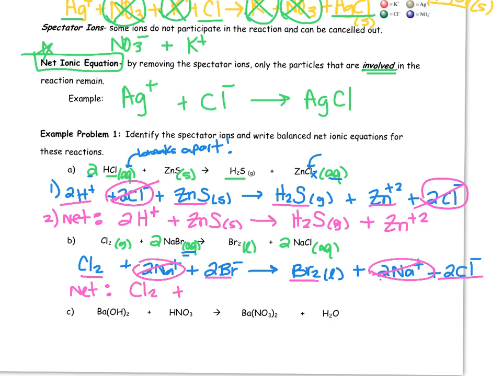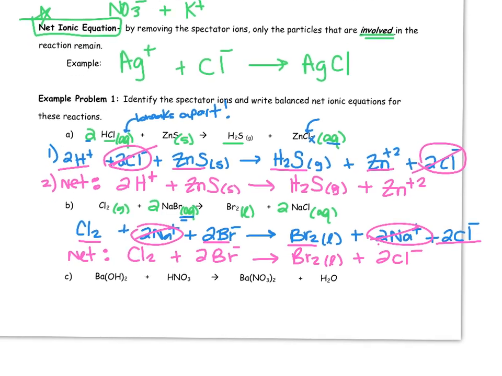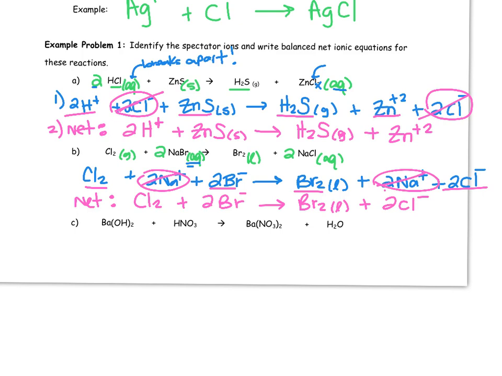Cl2 reacts with 2 bromine ions, because essentially they're just exchanging electrons, right, in a redox reaction here. And then Br2 liquid is going to react with the 2 chlorine ions, or produce the 2 chlorine ions. So they exchanged electrons to make that happen. Okay, that would be my net ionic equation, or what's really happening. It just means the sodium's just hanging out.